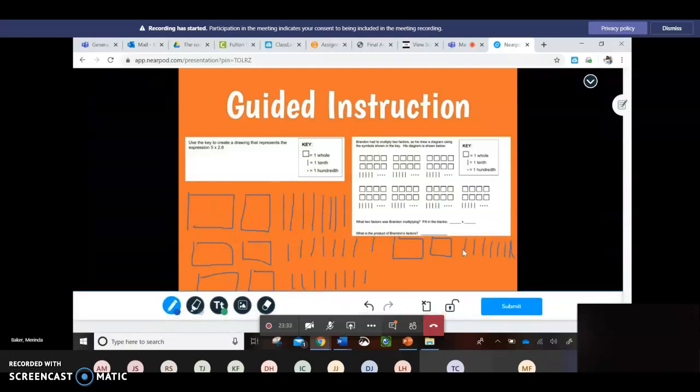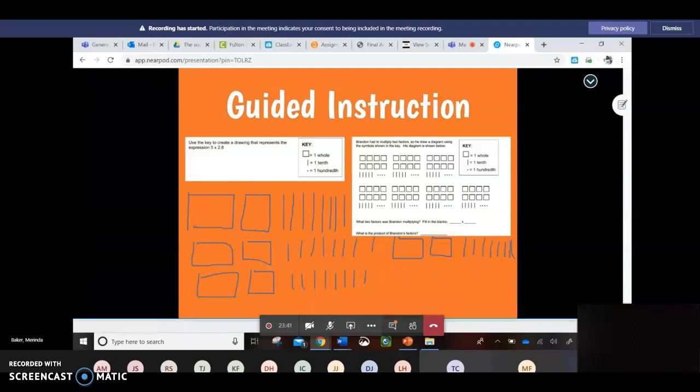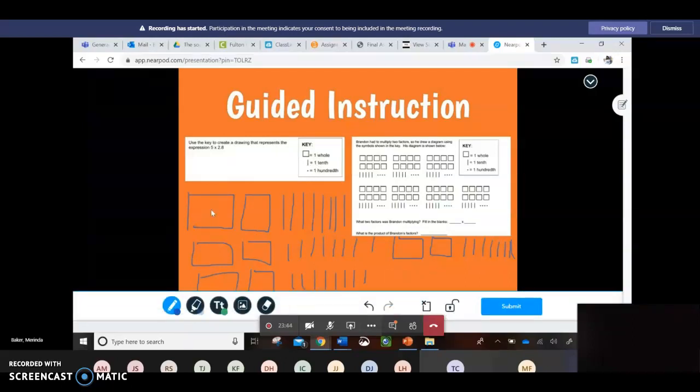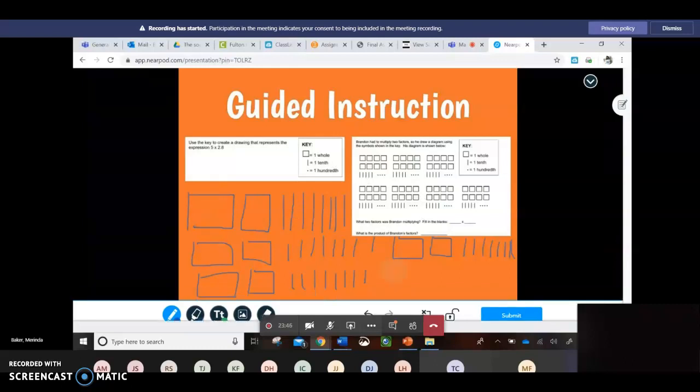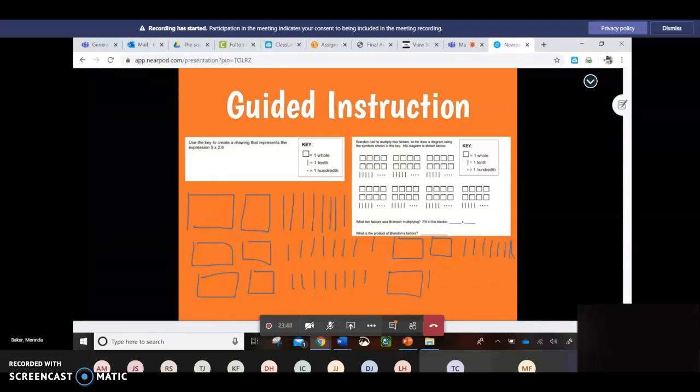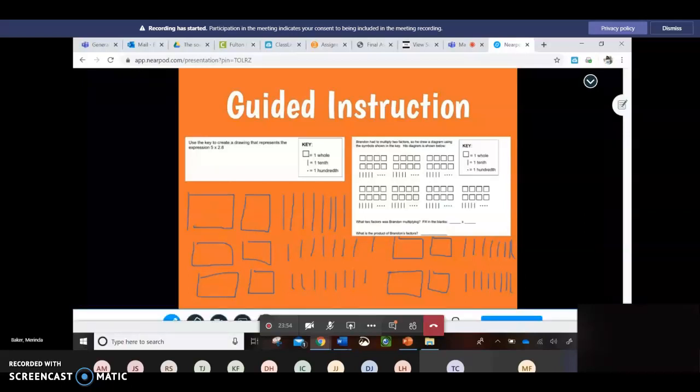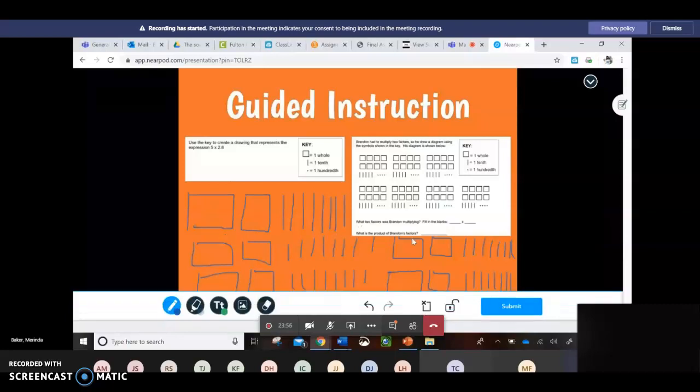Or I can count by 10, 10, 20, 30, 40, 50, 60, 70, 80, since those rods equal 1/10. And then on my last group, so right now I have 4 groups, but I need 5 groups. 1, 2, 3, 4, 5, 6, 7, 8. Alright, so now I have 2 and 8 tenths 5 times.